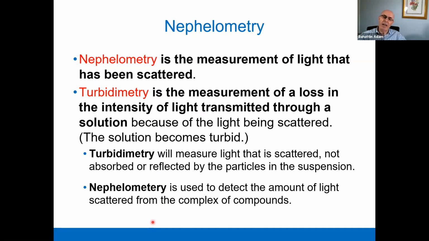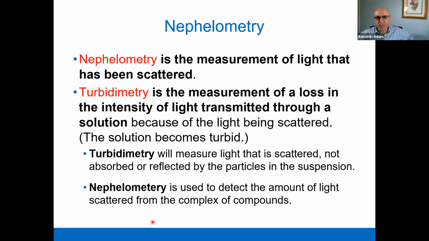Okay, each of these instruments, these techniques, are basic, main techniques that we are using in the clinical laboratory. They are implemented into huge instruments, and they are measuring billions of tests daily.